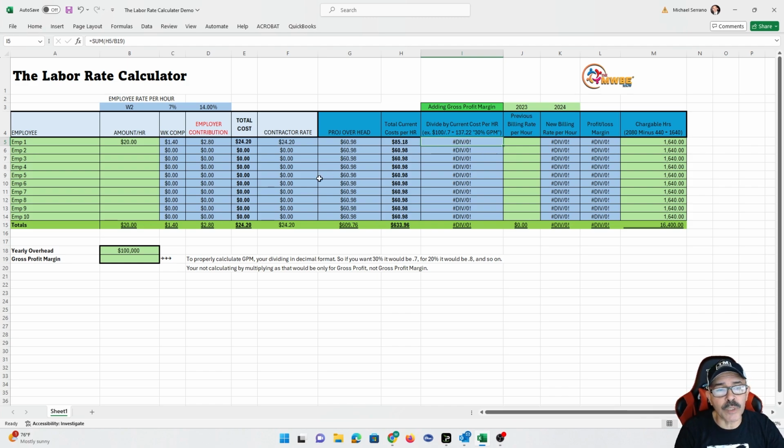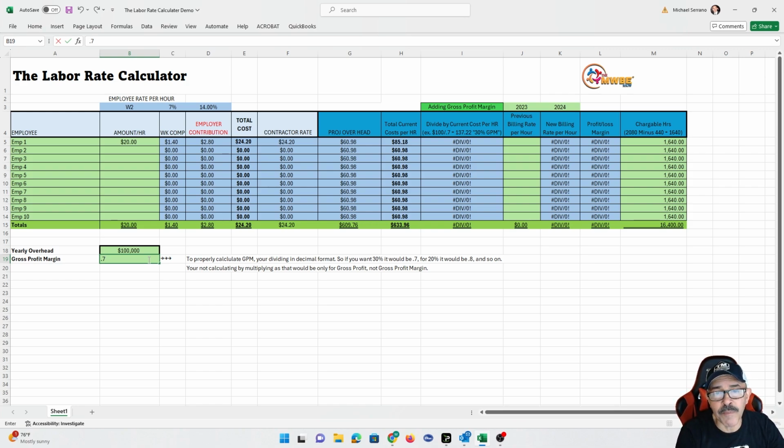So what you would do is, this is the section here down to your bottom left where it says gross profit margin. And let's say we're going to stick with that. We're going to go with 30% gross profit margin. The number is going to be 0.7 that you're going to divide by. Don't forget to put in the decimal point.